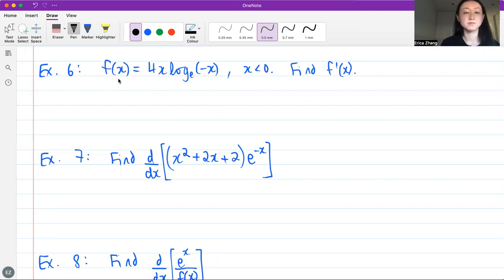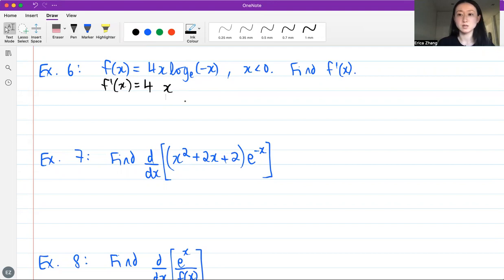Example number 6. f of x is equal to 4x times log base e of negative x. So f prime of x is equal to 4, let's just keep that in the front, times x times the derivative of the natural log of negative x.